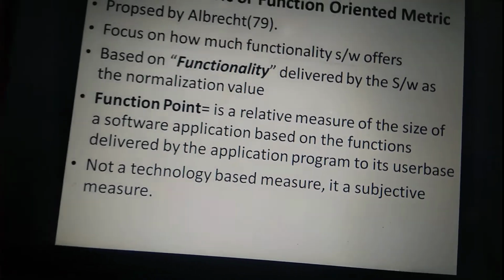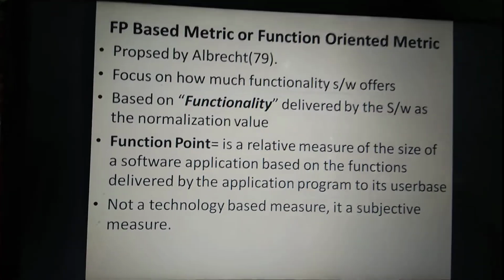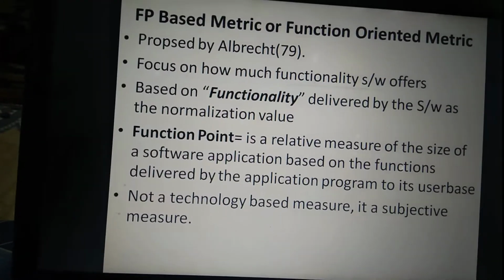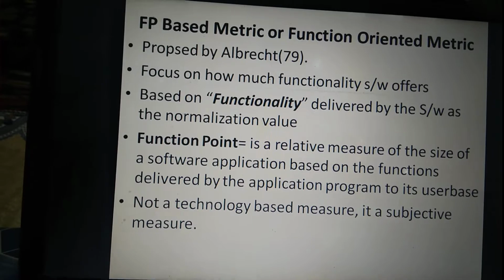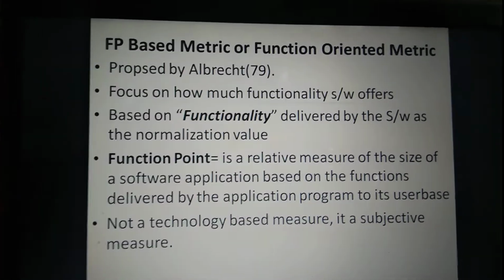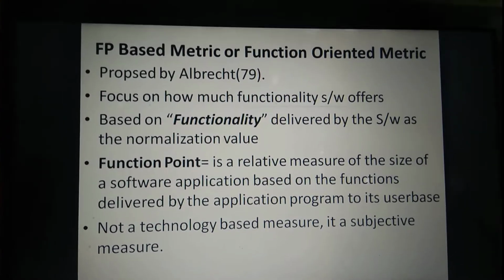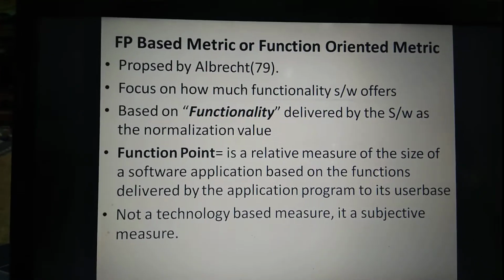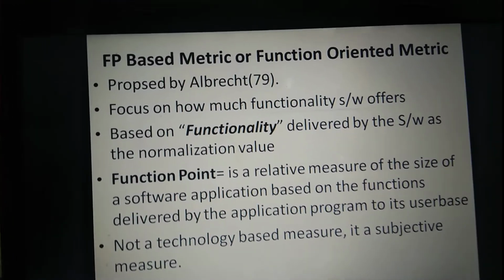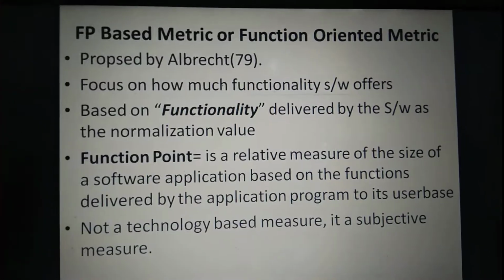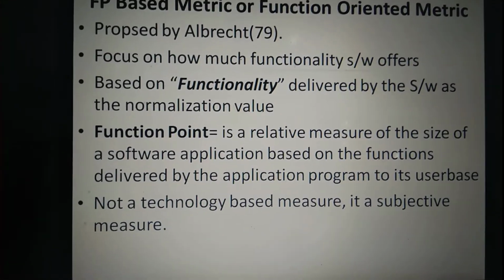This function point based metric is ISO approved and internationally recognized for the size of the software, which reflects the measure of the amount of functionalities of the software relevant to its user.